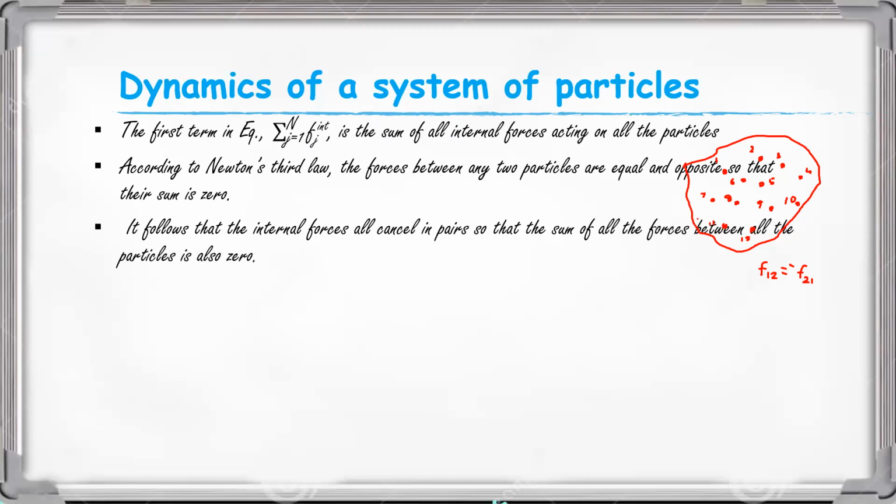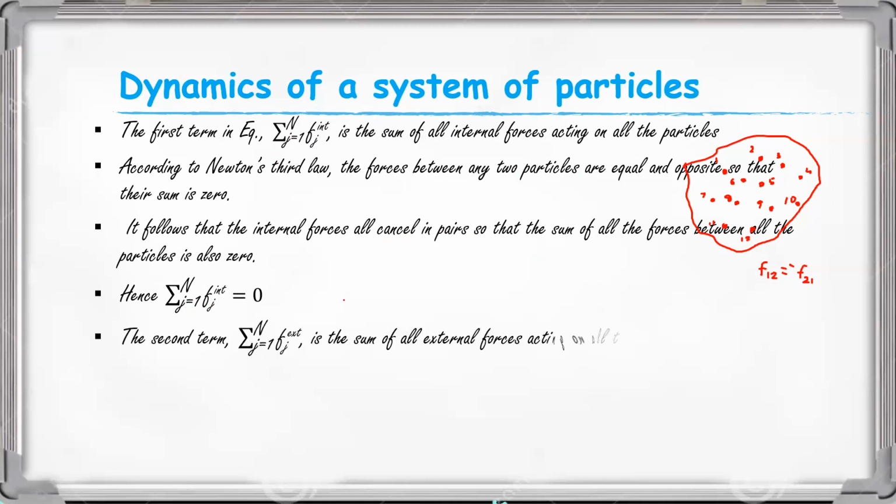So it follows that the internal forces all cancel in pairs, so that the sum of all the forces between all the particles is also 0. So the first term vanishes. Hence, summation j equal to 1 to n, Fj internal is equal to 0.